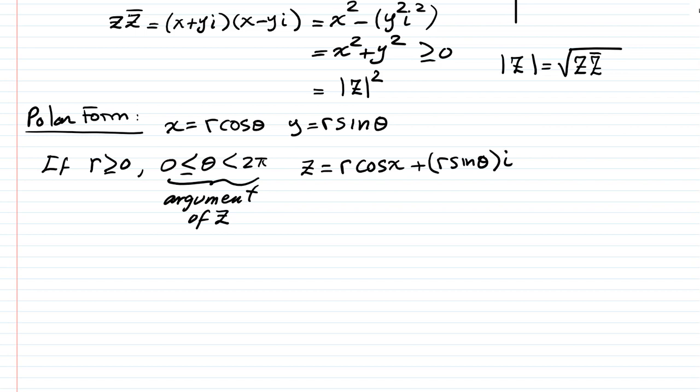You see that? Sometimes this is written in shorthand as r cis theta, using r cis notation. C is for cosine, i is the imaginary unit, s is for sine. So we write it as r cis theta. That's a very common way to write it as well.